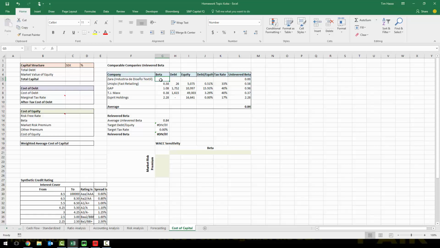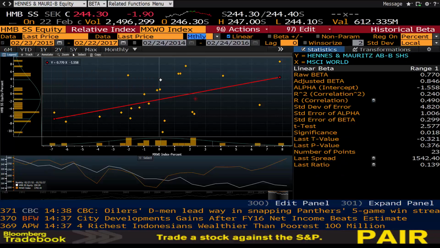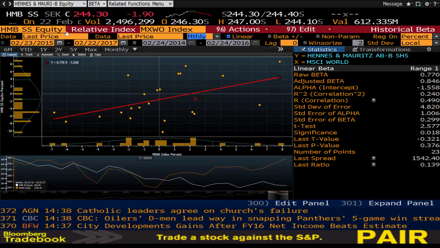So you need to estimate all these beta coefficients based on the information back then. So for Zara, I'm going to be using H&M's year end date. The last financial year that I have available is the 2015 financial year, which has the year end of 30th of November.